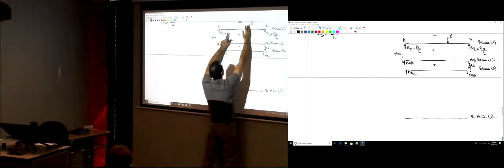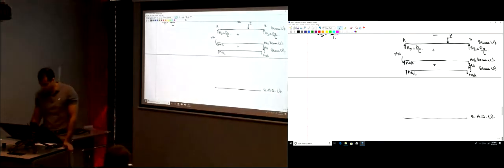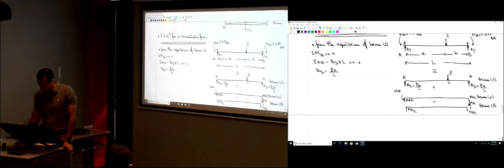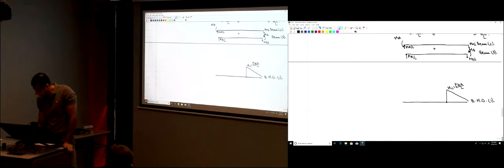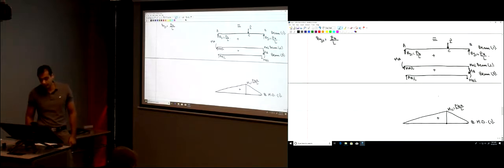So it's this force, PB divided by L, times this distance, which is A. So here, the moment at this point, let's name this point C, so MC is PBA divided by L. And this is positive. This is the bending moment diagram for beam 1, okay?